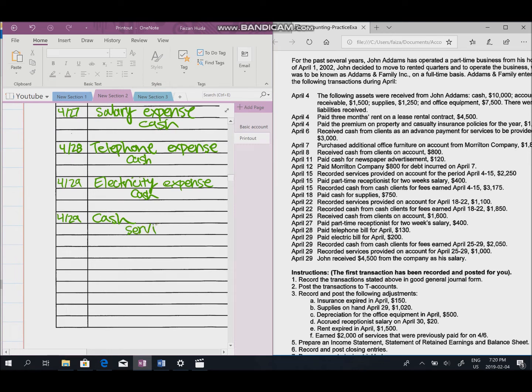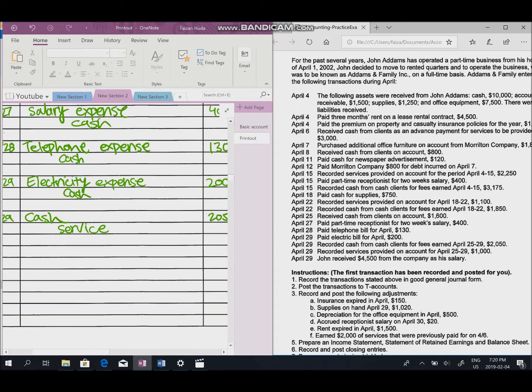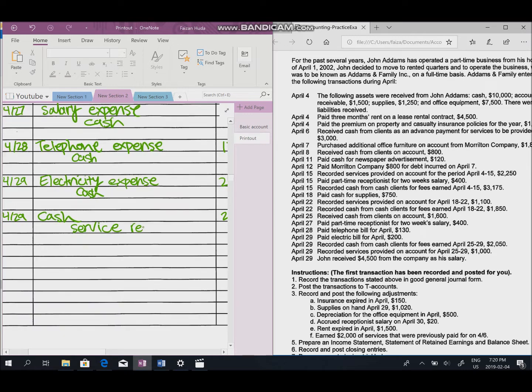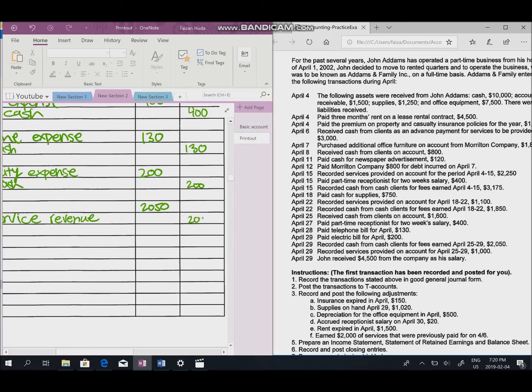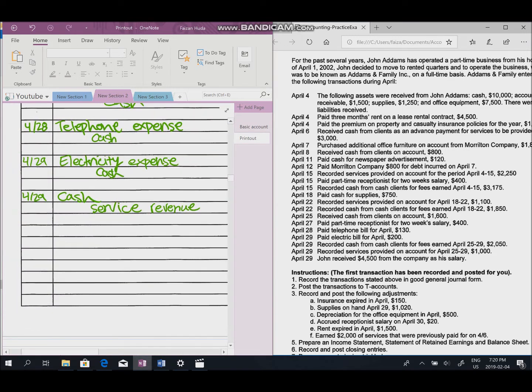For this case, since this is a service business, it's service revenue. If it had been a goods business, I would have written sales revenue. You credit the same amount, 2050. I'm sure by doing numerous examples from above, you guys would have automatically guessed it.